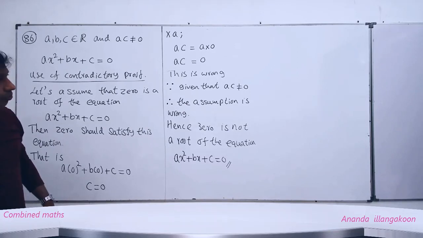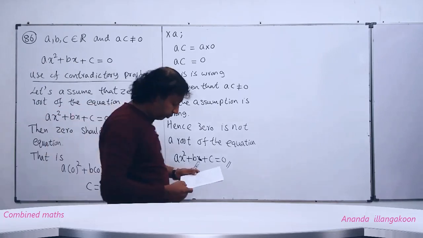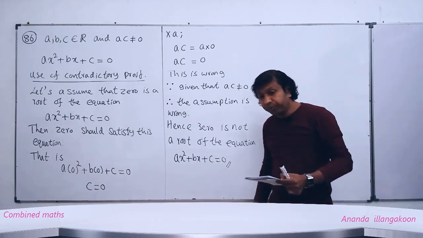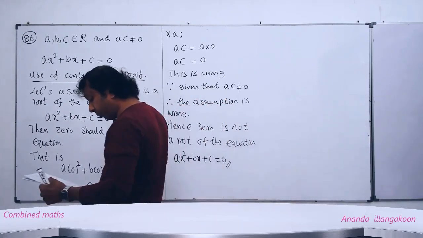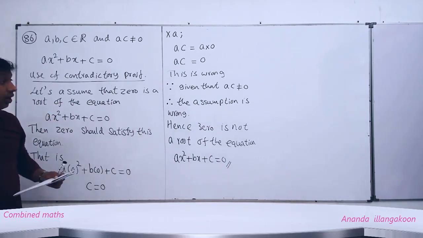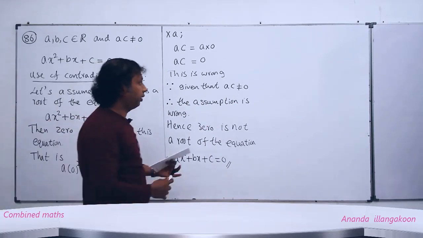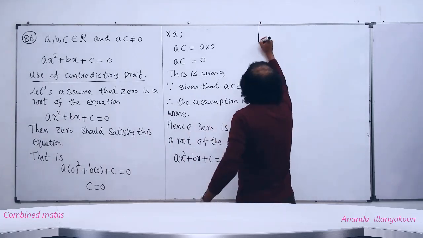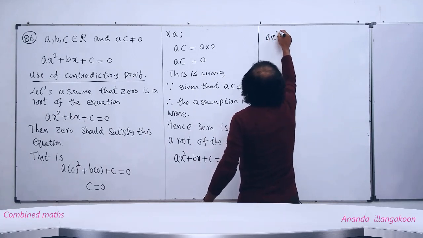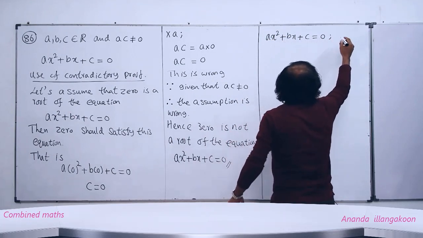Right, people, now. Okay, now people will read the next part. What's the next part given? Let alpha and beta be the roots of this equation. The equation ax squared plus bx plus c equals 0, its roots given as alpha and beta.